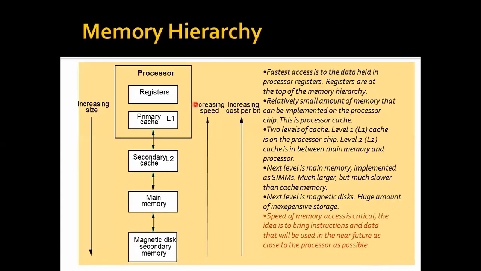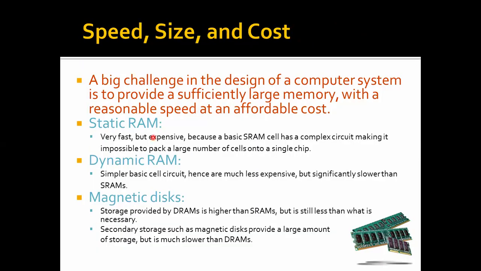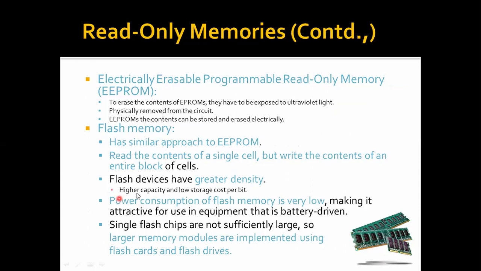Next one is flash memory. Flash memory is a similar approach to EEPROM. Here, we read the contents of a single cell, but write the contents of an entire block of cells. That's why this has greater density.